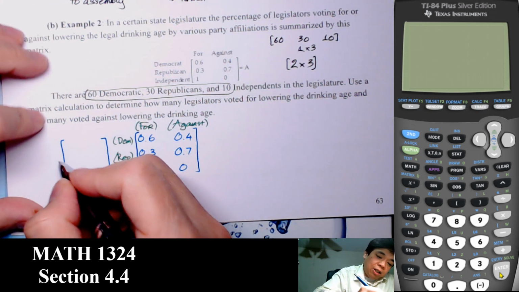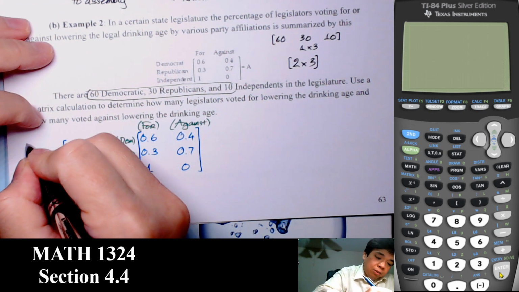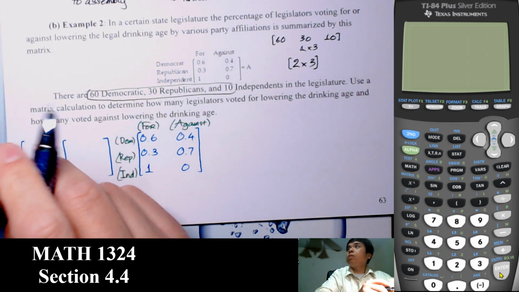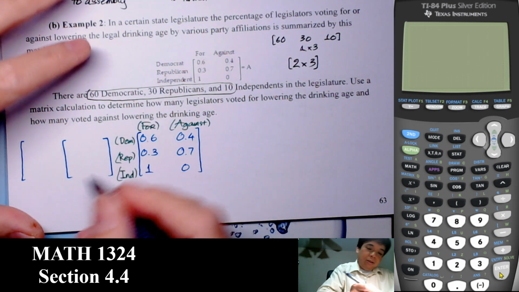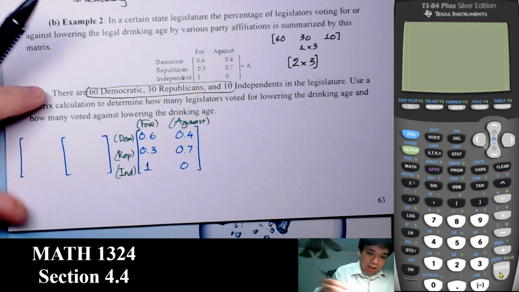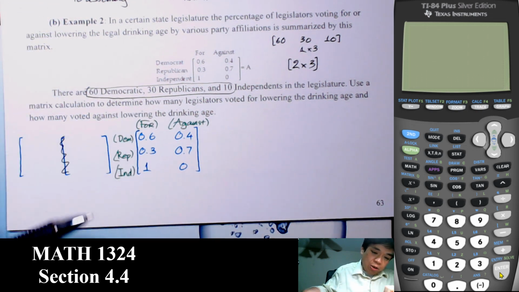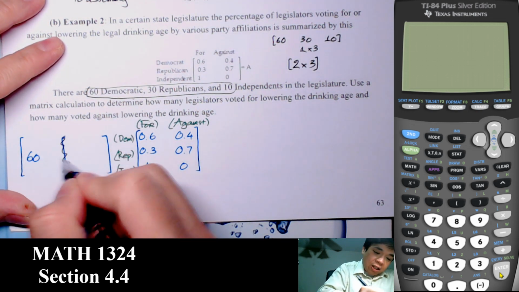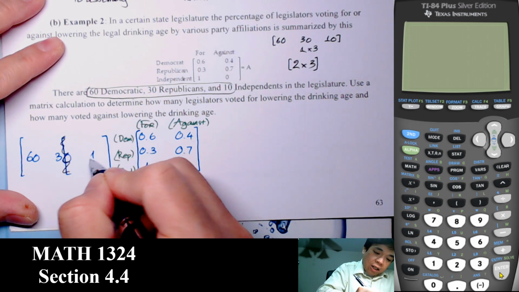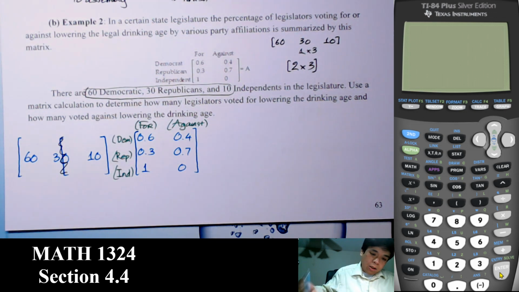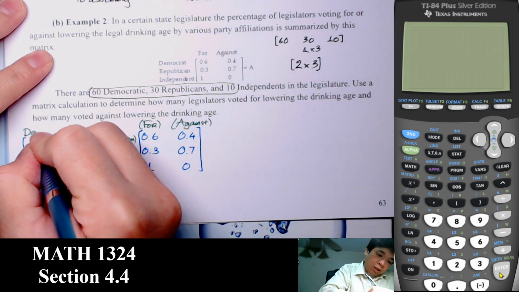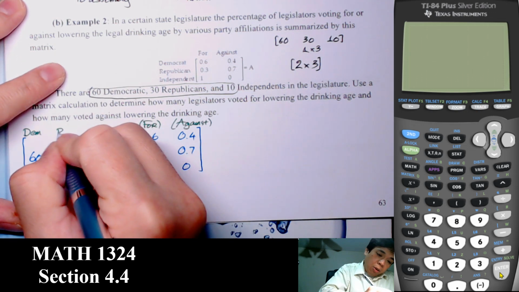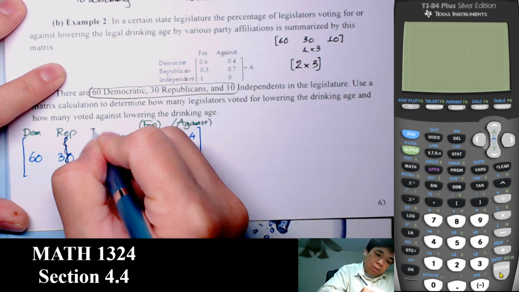Okay, so we should have it in this line, so we should have 60, 30, and 10. So we have Democrat, Republican, and Independent.